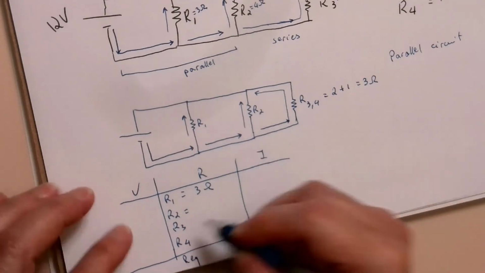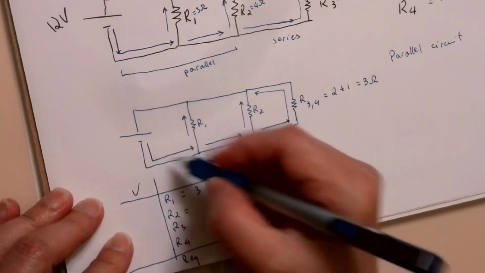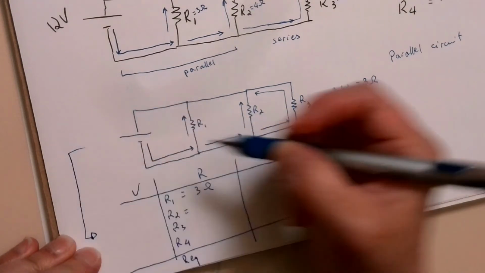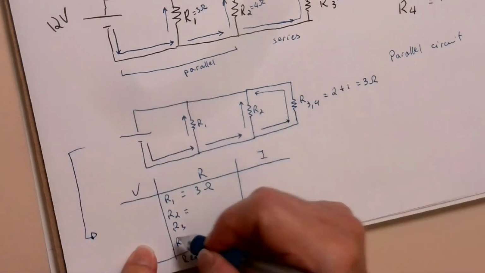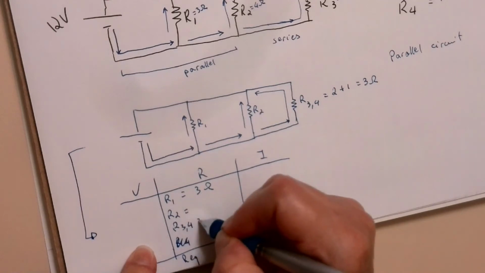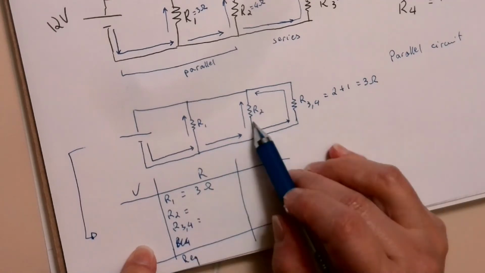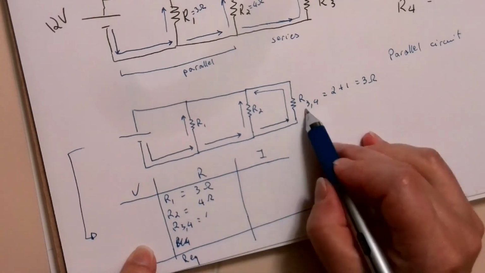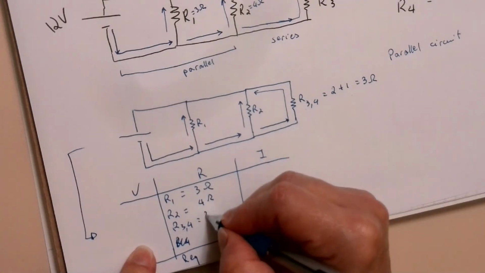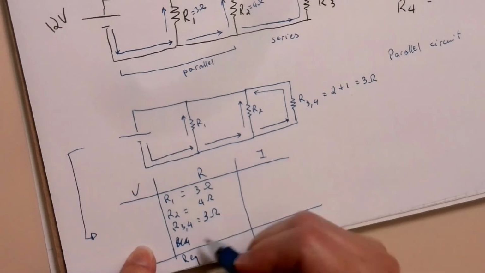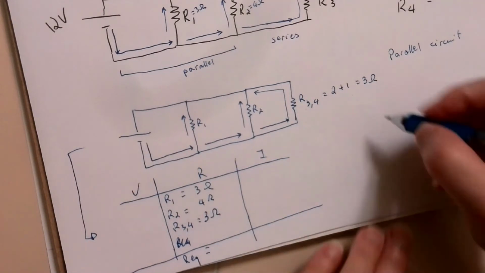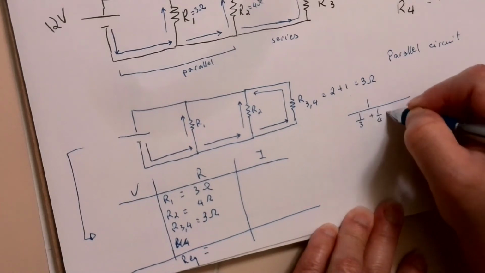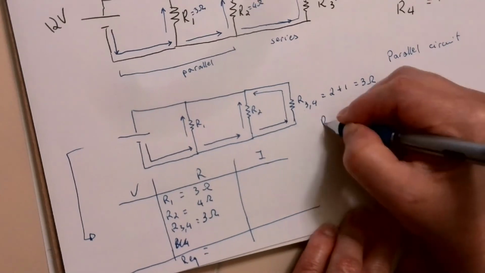R2, actually for this circuit I do not have 3 and 4, I have a 3,4 together, right? So R2 is 4 ohms, and R3,4 we just found to be 3 ohms, okay? So what is the R equivalent? Well, the R equivalent is 1 over 3 and 1 over 4 and 1 over 3.